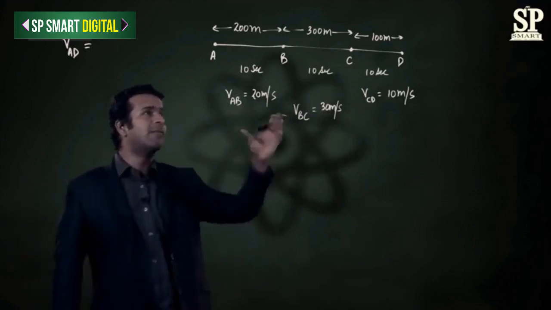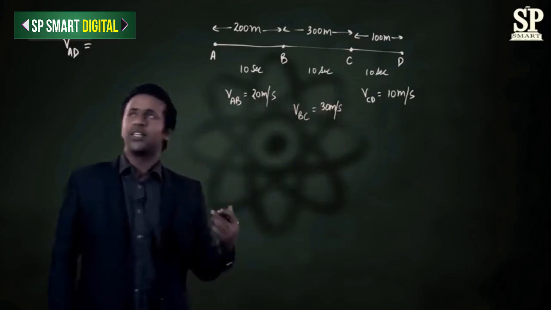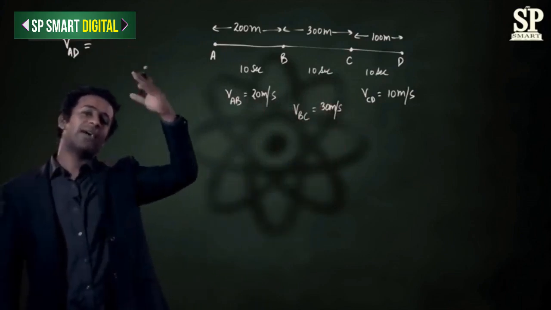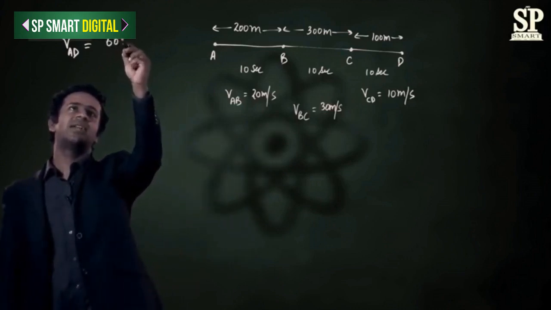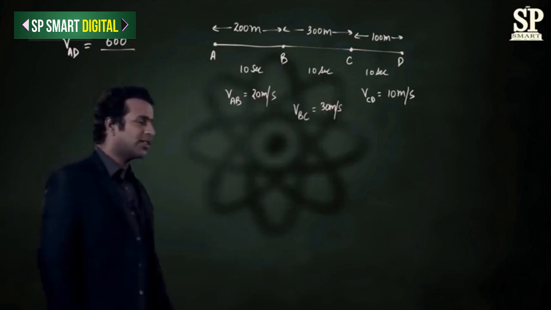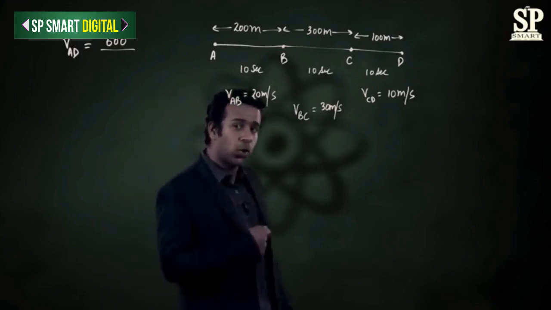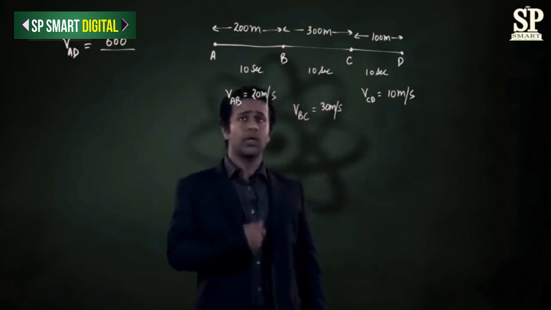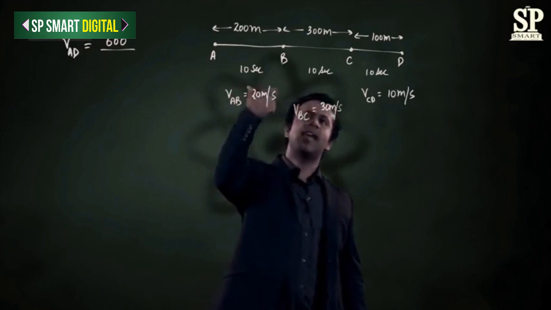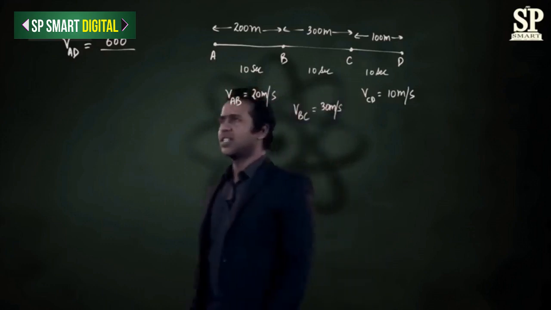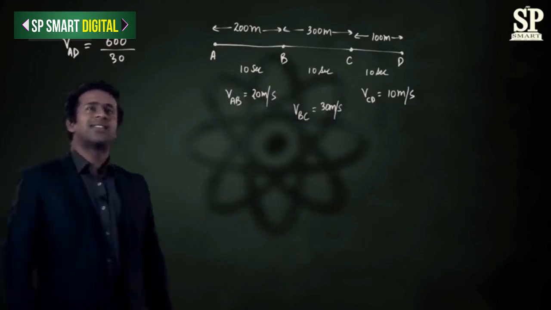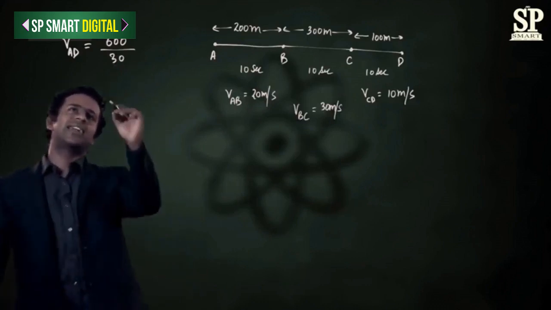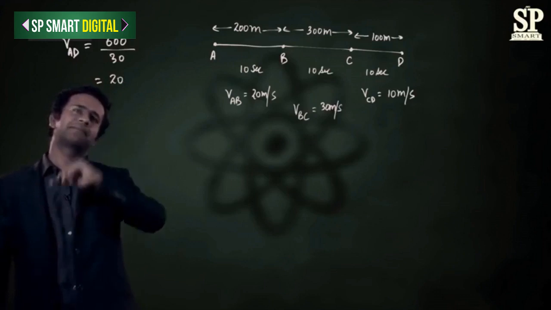So, when you have multiple intervals like this, the speed would be calculated by finding the total distance, which in this case is 600 meters. This is to be divided by the total time taken, which you can clearly see is 10 plus 10 plus 10, which is 30 seconds. Right. So, 600 divided by 30, that gives you 20 meter per second.